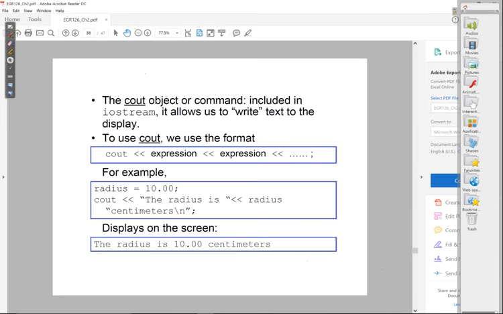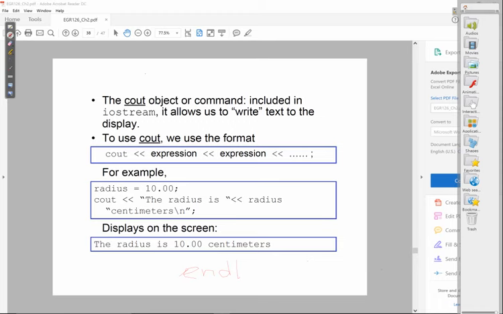Another thing you could put as an expression is the word ENDL, for end line. Not the number one, but the letter L: ENDL, end line.